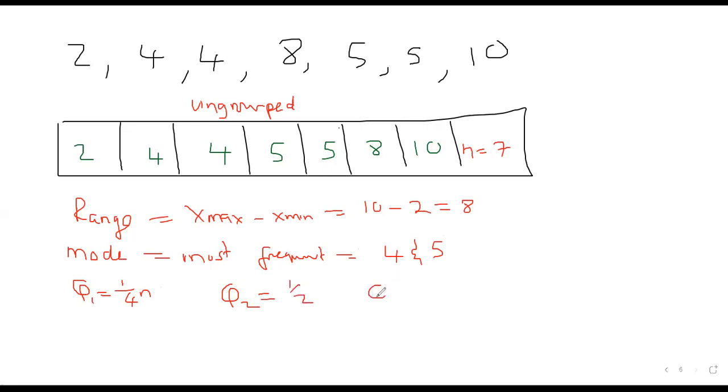And quartile 3, which is 3/4 of n. So our n is 7. What is a quarter of 7? The rule here is if the number is a continuous figure, meaning it has a decimal, you round up. If it's a whole number, you add that number and the next number and average them too. So what is a quarter of 7?